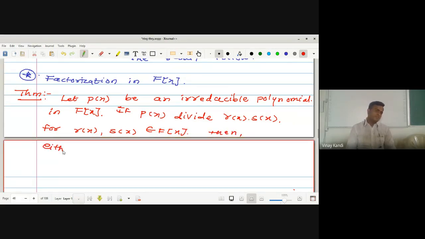Either P of x divides R of x or P of x divides S of x.